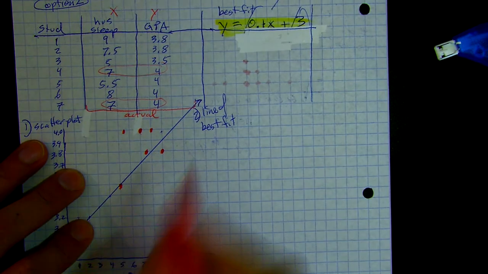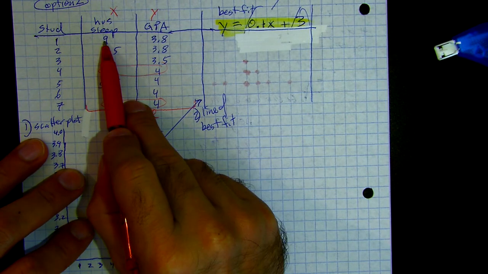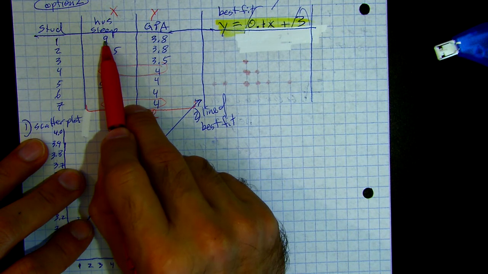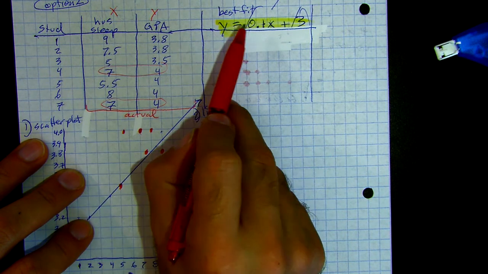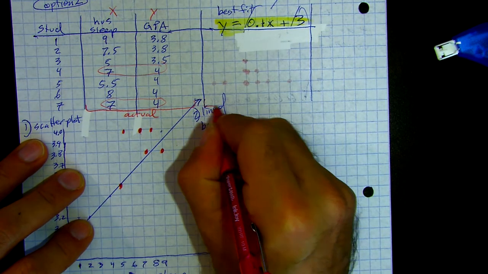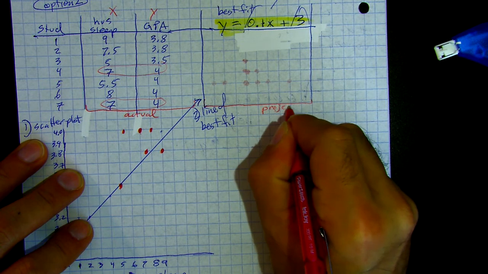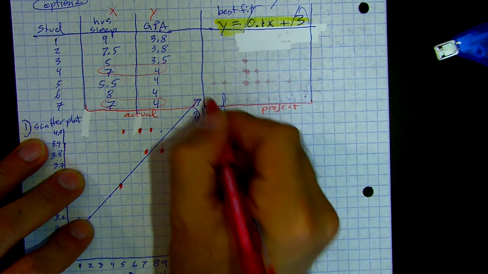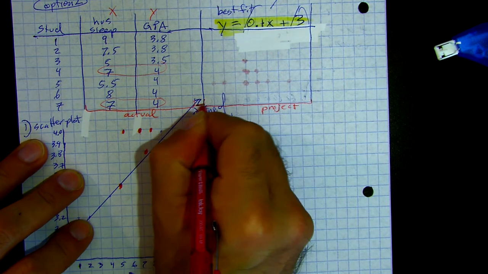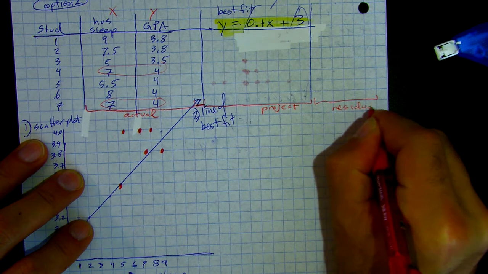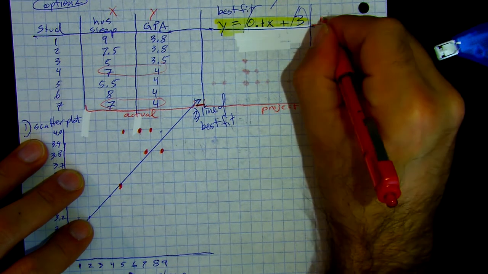The line of best fit is saying, based on the number of hours you sleep, the projected GPA. The projected is the line of best fit. So the line of best fit is saying what it should be, and the residual is subtracting those two things. We'll do this in a sec here. So we're getting our residuals right here.